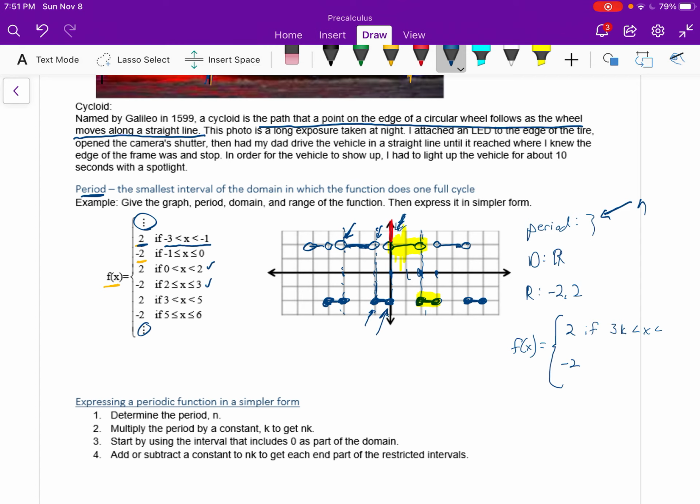I'm actually not going to start with that. I'm going to start with the one that goes to the right of 0. So if I put, sorry, I'm going to have k, where k is an integer. I think before I said it was a real number, but k is going to be an integer. So 3 times 0 would give me 0.